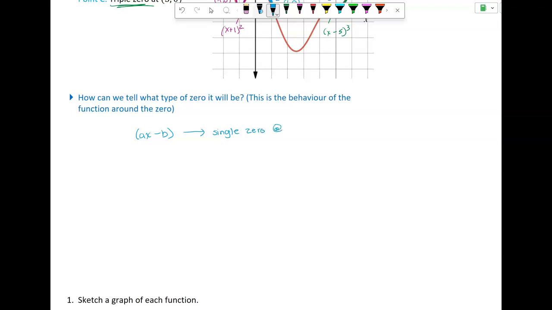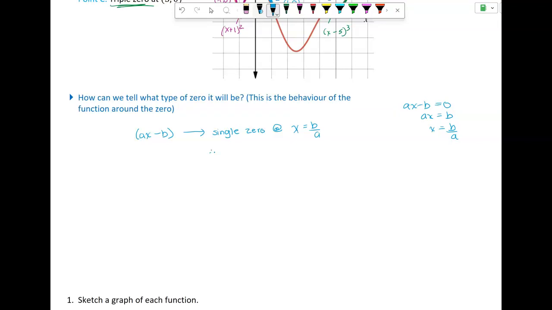So if I just do this in a little bubble, ax minus b equals 0, I would move the b over and divide both sides by a, so x equals b over a. So the single zero always happens at b over a.